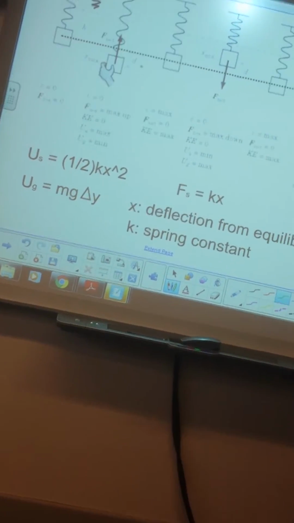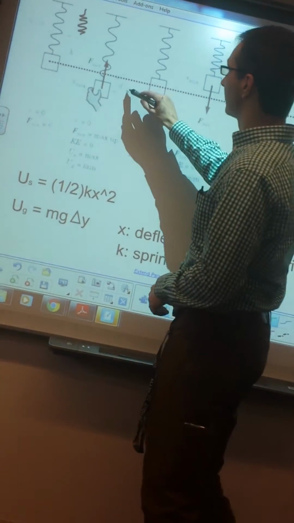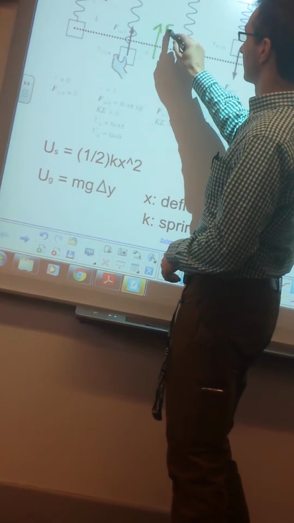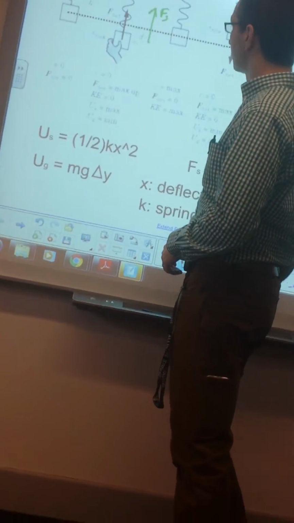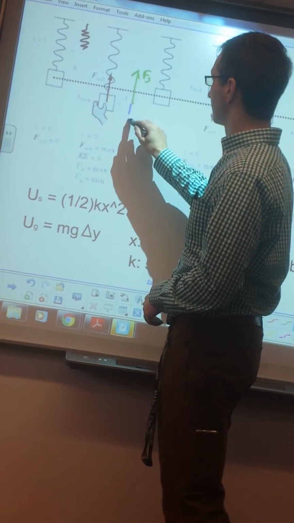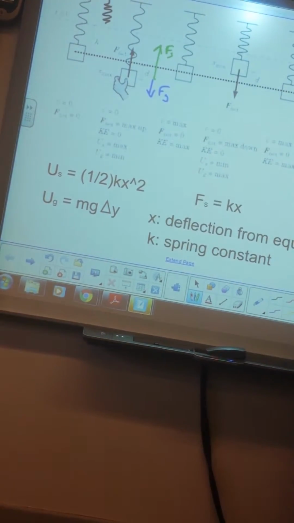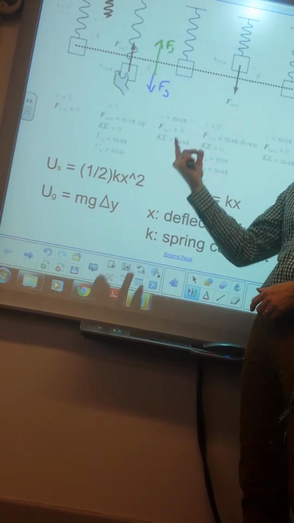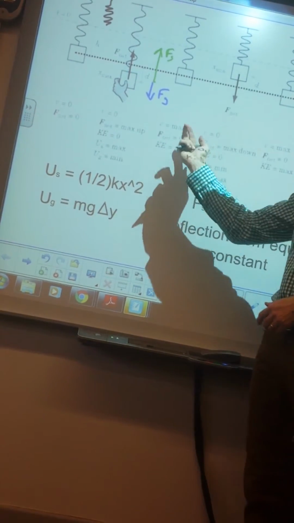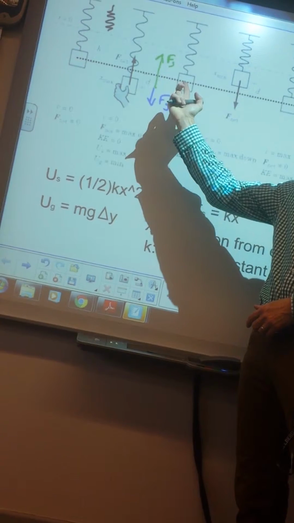Okay, how do you know that? Because the force is upwards towards the spring surface. Yeah, it's accelerating upwards, right? So it's gaining speed as it goes towards the center.